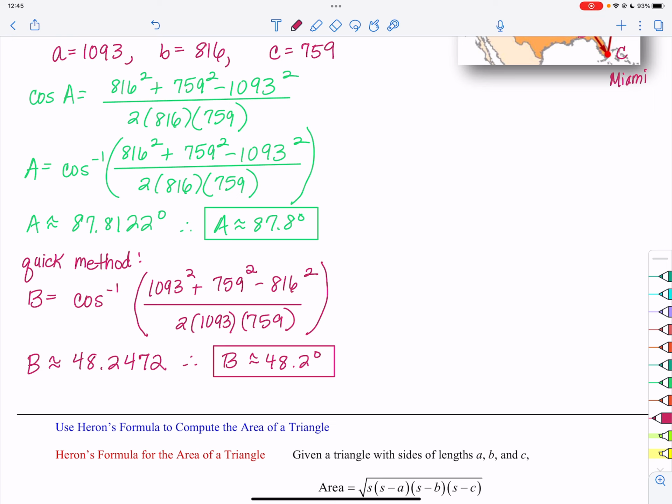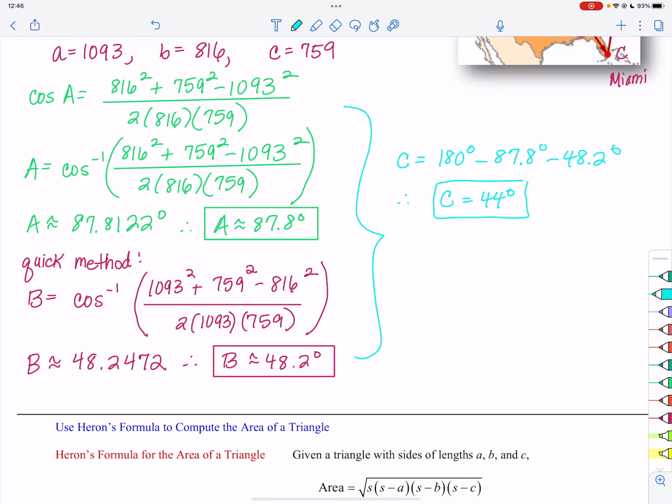Okay, so now we just put that together and we can say that angle C is equal to 180 degrees minus 87.8 degrees minus 48.2 degrees. So C is equal to 44 degrees.